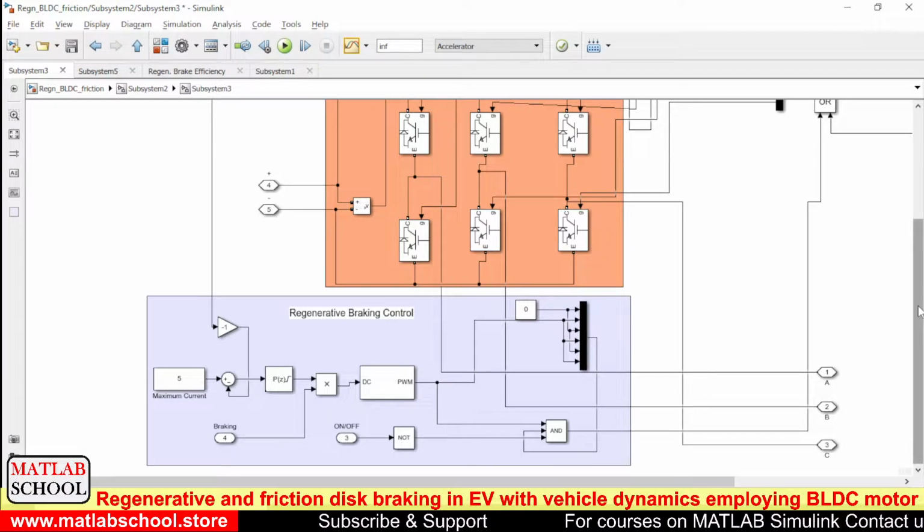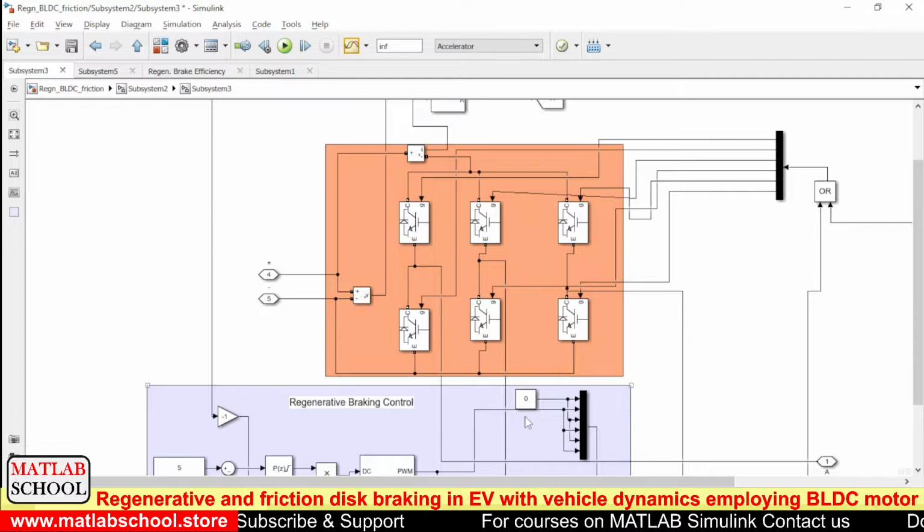As you see, I am switching off the upper half switches. This is the first switch, this is the third switch, and this is the fifth switch. First, second, third, fourth, fifth, sixth. So I am switching off the upper half switches during regenerative braking, and I will be giving variable pulses to the lower half switches.